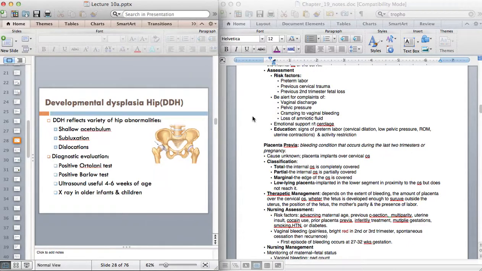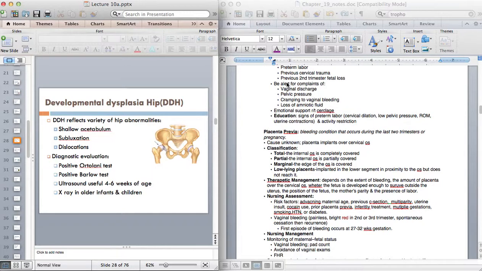Other things you can notice in the infant will be a restriction on the hip abduction, which is stretching this way. Adduction and abduction of that hip will be restricted when you try to do that. That's what you are really doing with your Ortolani test, and you try to see the restriction.